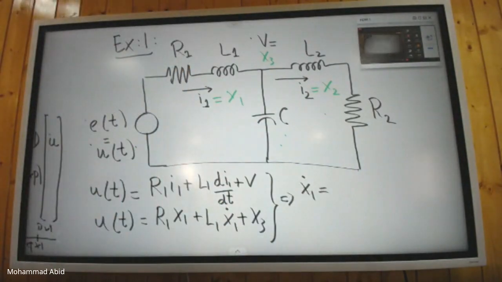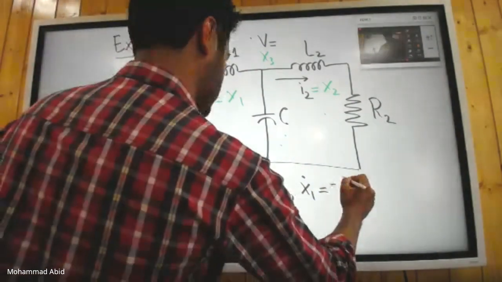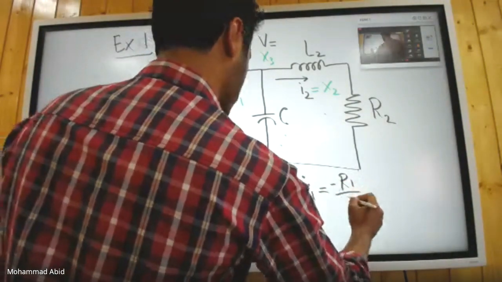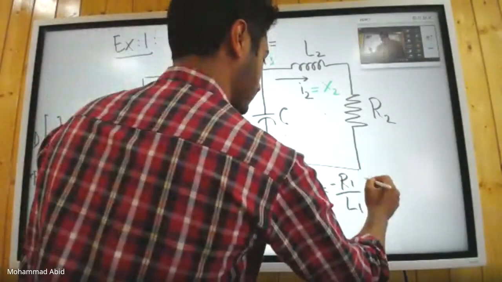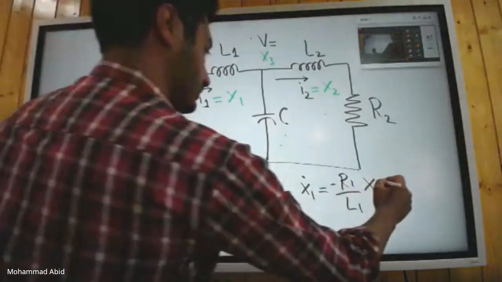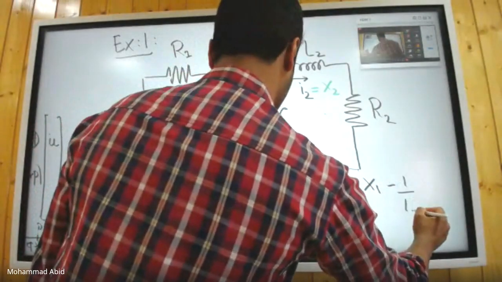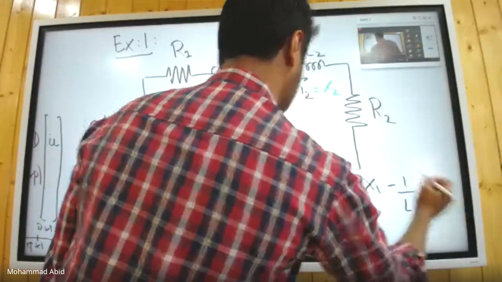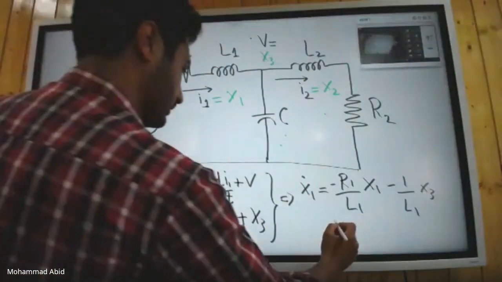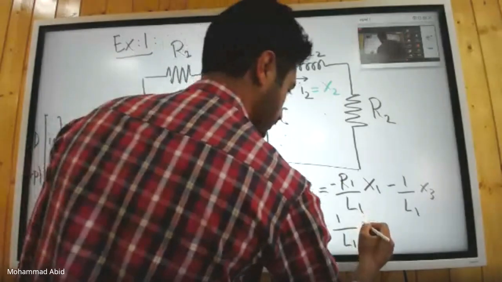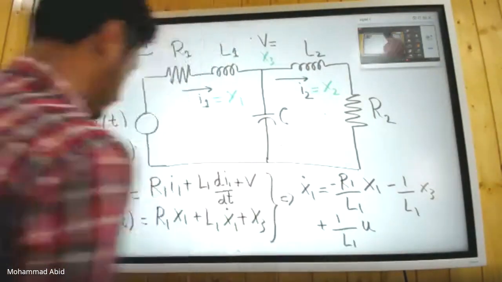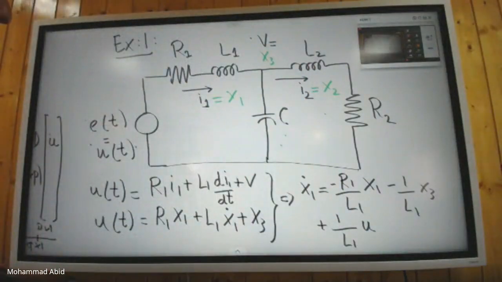X1 dot will be minus R1 upon L1 X1, minus 1 upon L1 X3, plus 1 upon L1 U. Is it right?